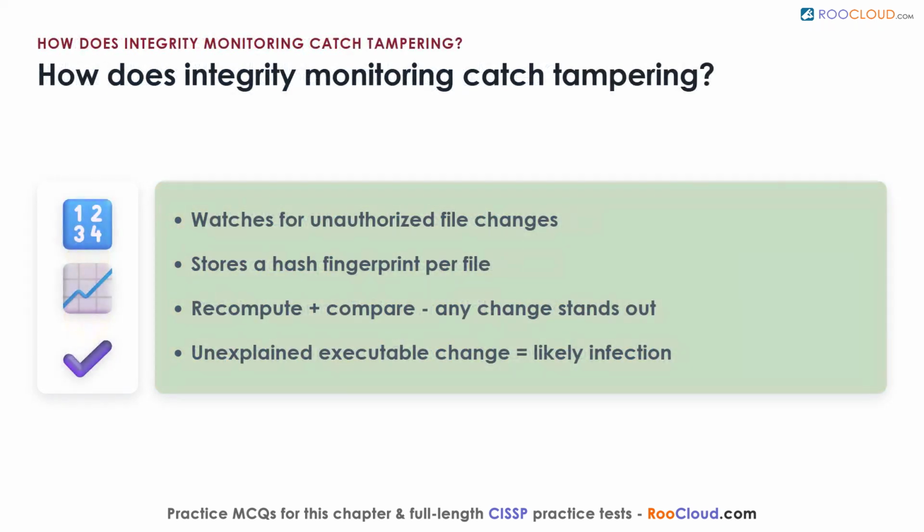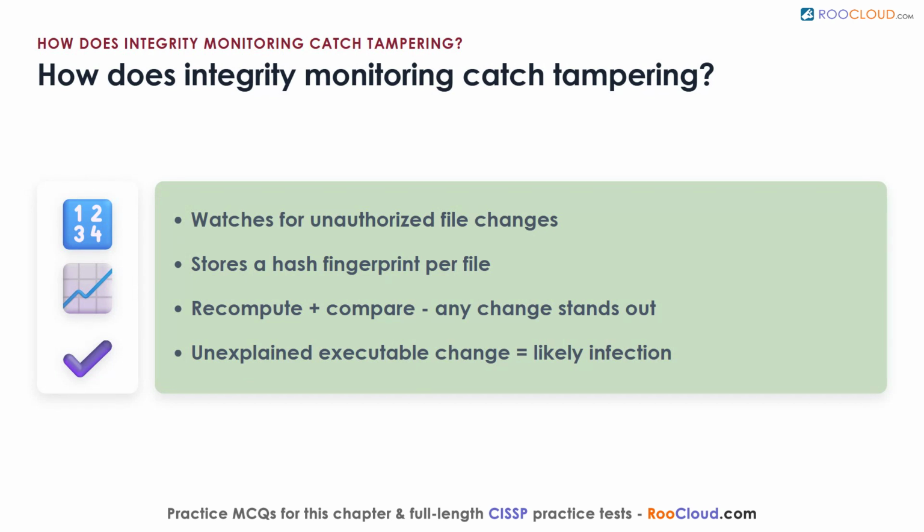How does integrity monitoring catch quiet tampering? File integrity monitoring gives you a second, complementary line of defense. It watches for unauthorized changes to files, which makes it great for spotting things like a defaced web page or an unexpectedly modified system executable. It works by storing a hash, a compact fingerprint, for each important file, then recomputing and comparing later.